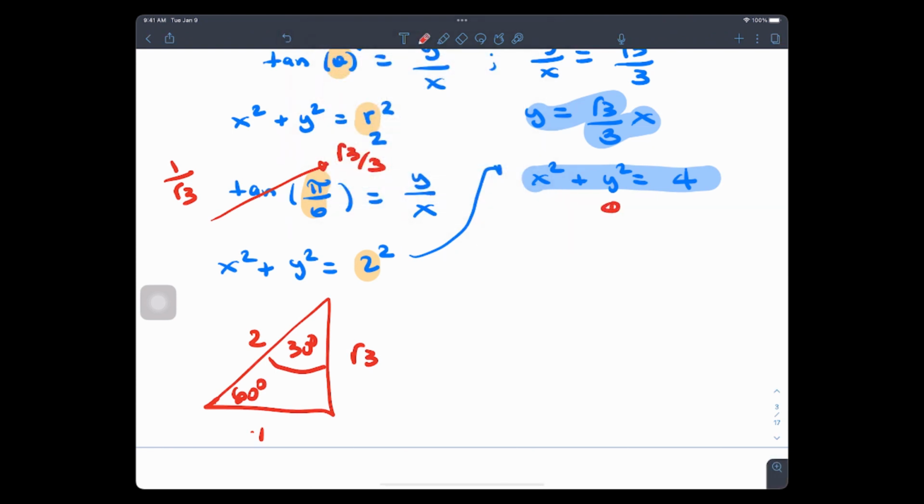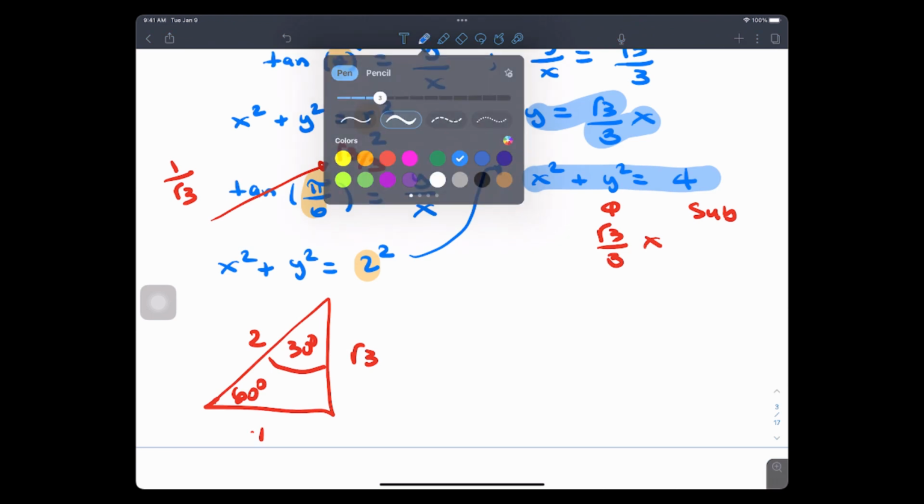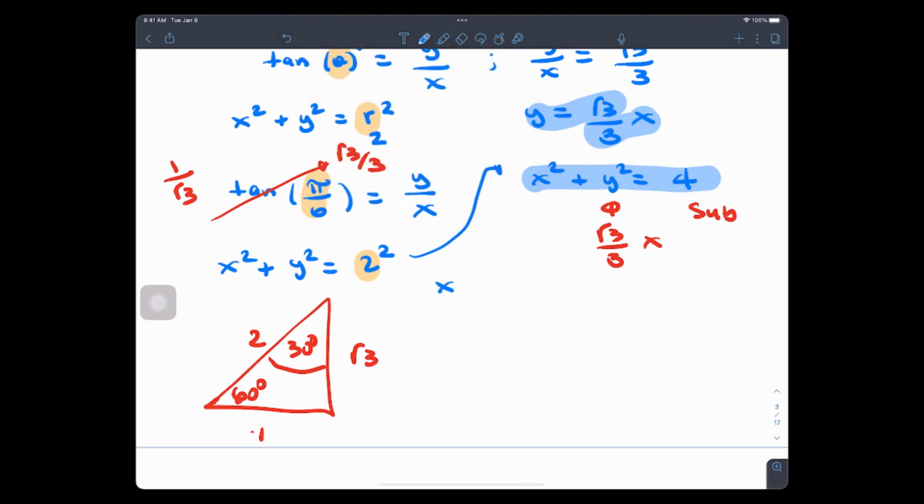You want to substitute that y with what? Square root of 3 over 3x. So you're going to substitute. So, okay, algebraically speaking, you get x squared plus square root of 3 over 3x squared is 4.